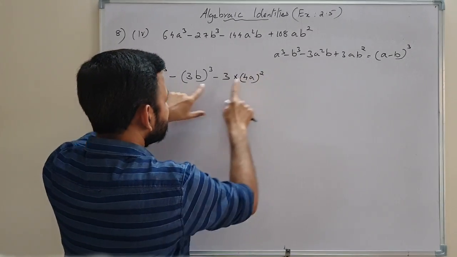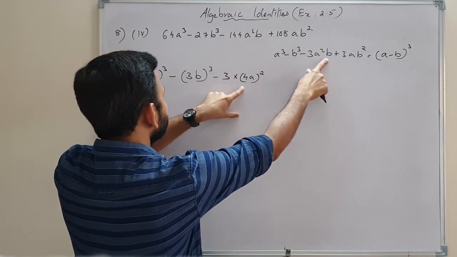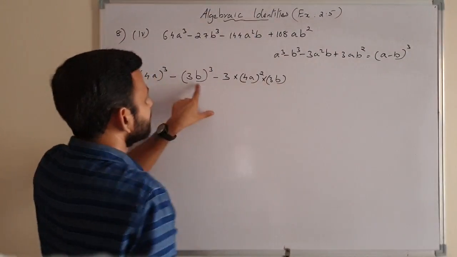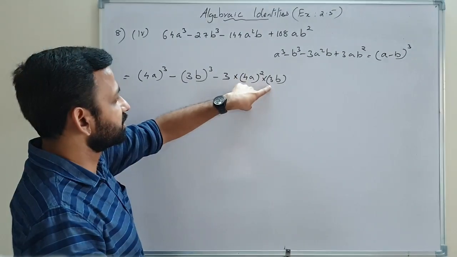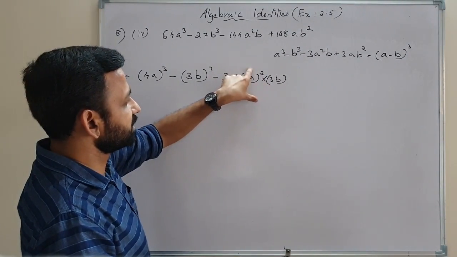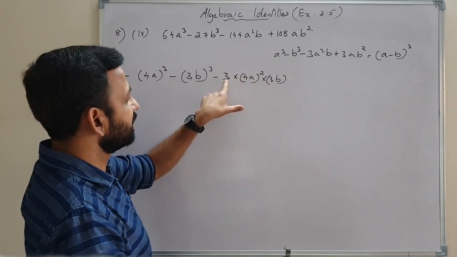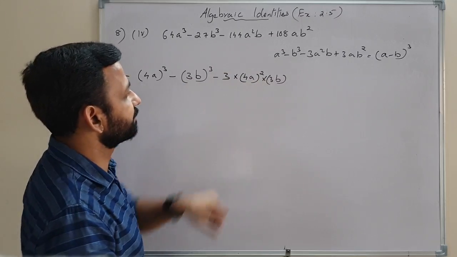So minus 3 into 4a square into b, that is 3b. Now we can verify: 4 square is 16, 16 into 3, 3 into 3 is 9, 9 into 16 is 144 a square b.